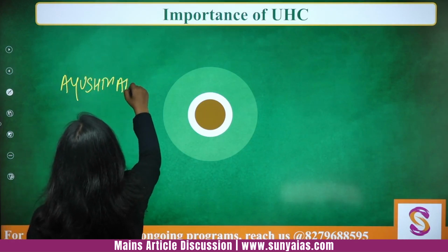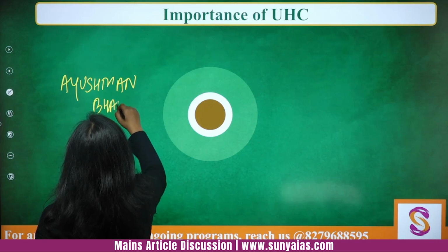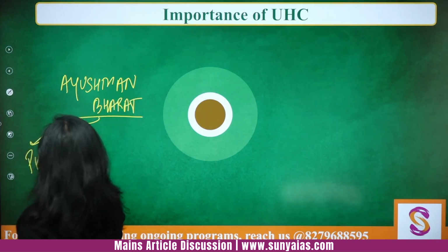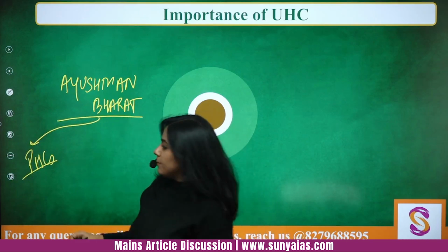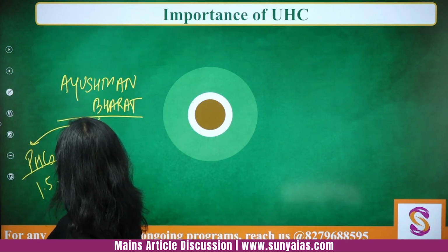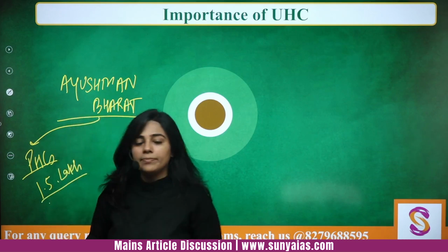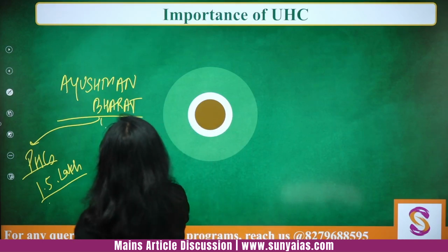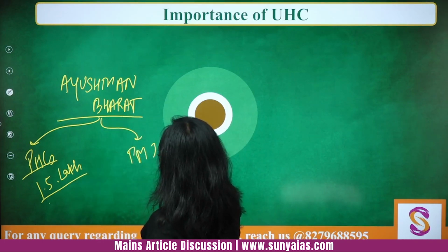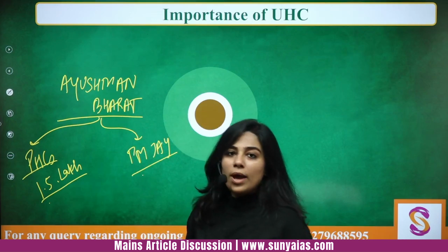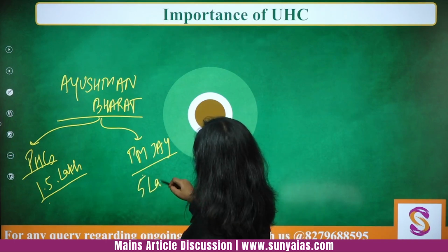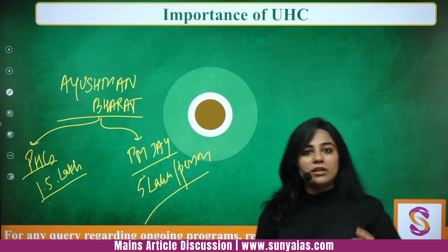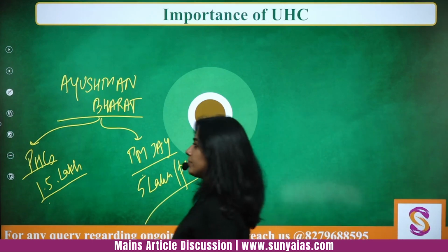So the Ayushman Bharat scheme has two components. One is the primary healthcare centers. 1.5 lakh primary healthcare centers is the aim, and quality primary healthcare centers. The second is Pradhan Mantri Jan Arogya Yojana, wherein 5 lakh per person health coverage is given to everyone who pays a very small amount of premium, right?